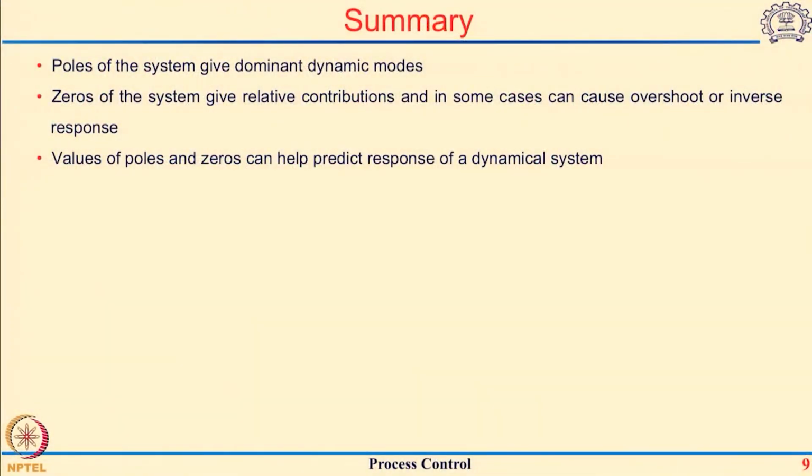So, to summarize, the poles of the system or transfer function will give you the dominant modes of that particular dynamic transfer function. The zeros will give you the relative contribution and will also give you some conditions when you can get overshoot or inverse response, and then these values of poles and zeros will help you to predict the response of any dynamical system. So, at this point we have finished analyzing how dynamical systems behave.